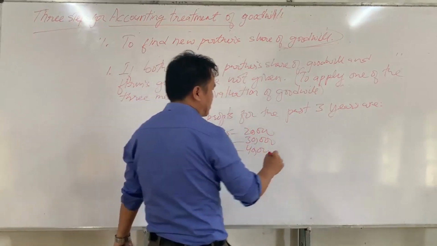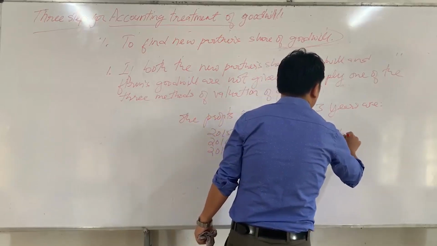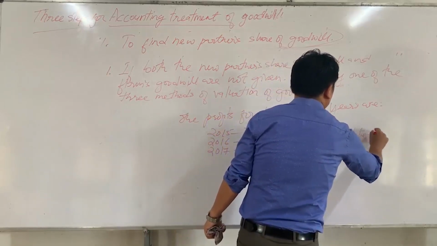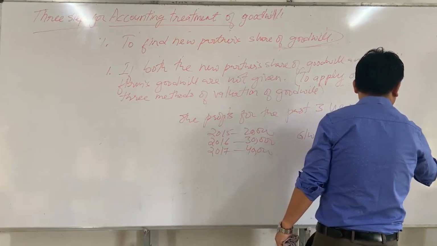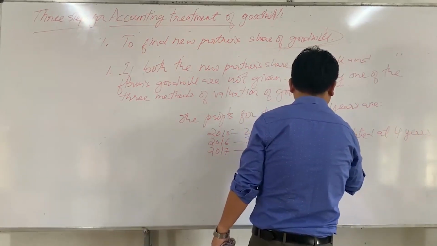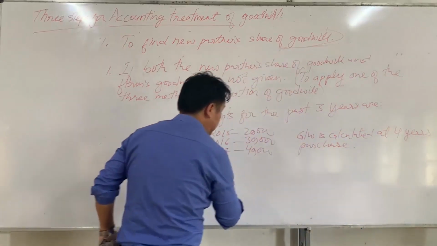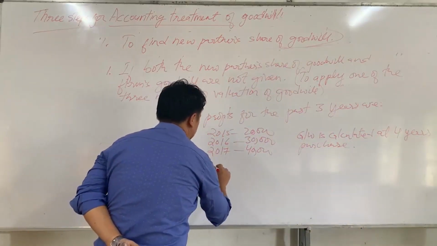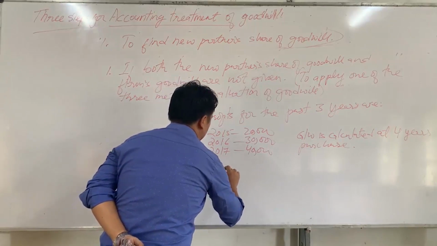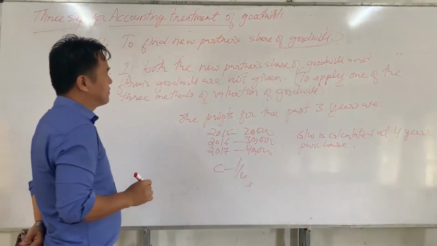Then assume that goodwill is calculated at 4 years purchase, and they appointed C as a new partner for 1/4 share in the future profit.